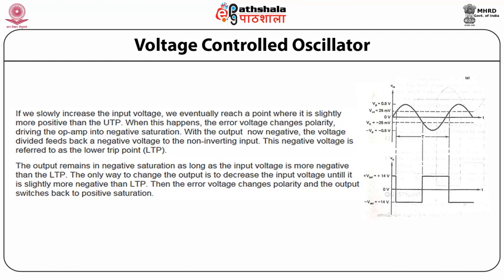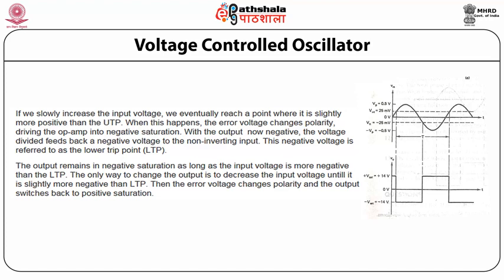When this happens, the error voltage changes polarity, driving the op-amp into negative saturation. With the output now negative, the voltage divider feeds back a negative voltage to the non-inverting input, which is referred to as the lower trip point LTP, and UTP is the upper trip point.